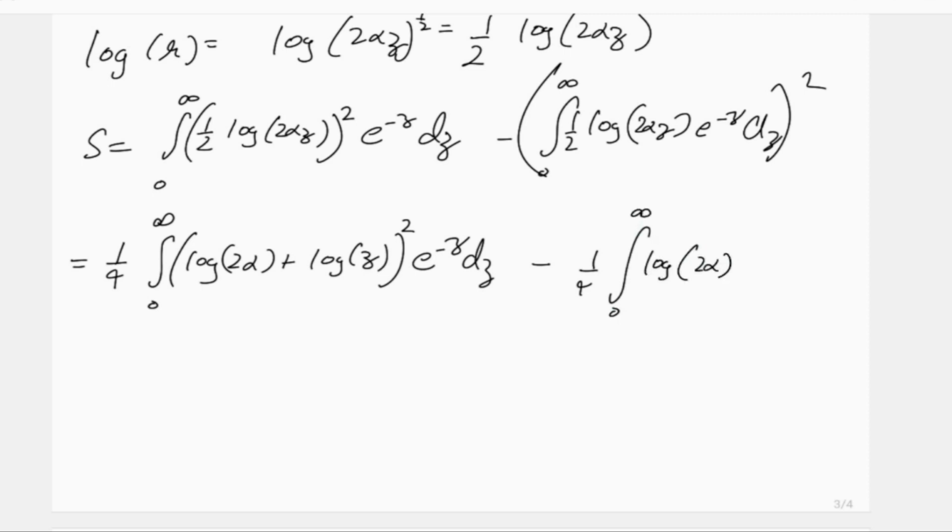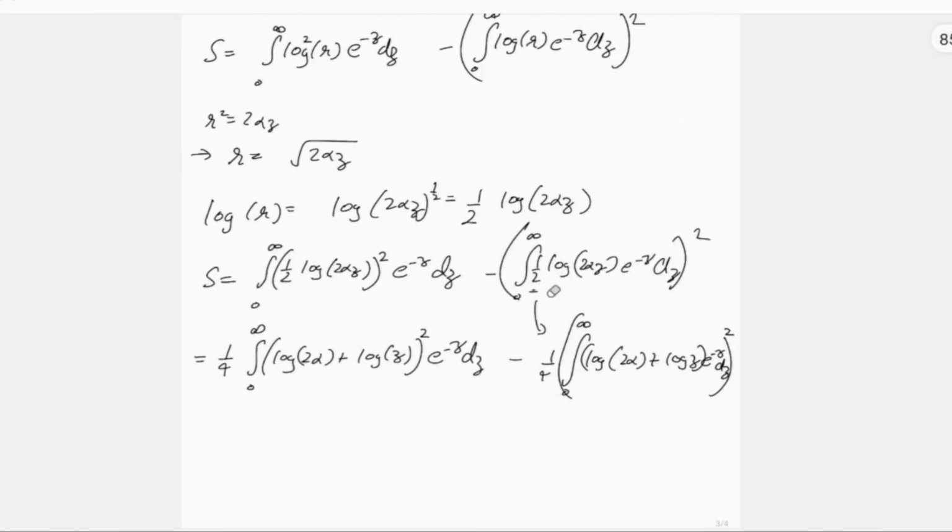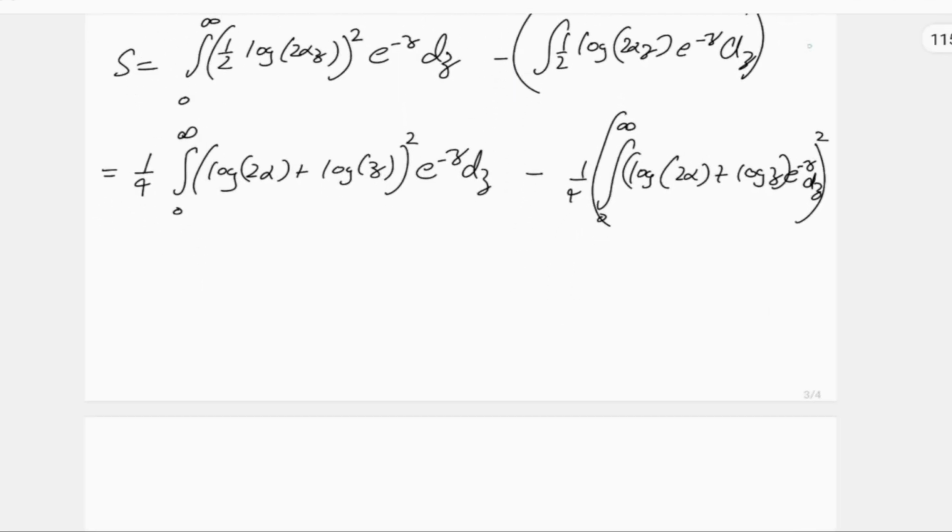For this as well I'll do that. By the way, I factored this half out, so it came out as 1/4 because there was a square here, right?